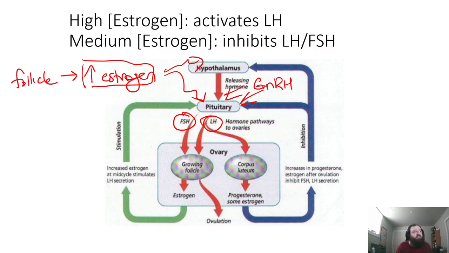So estrogen activates FSH and LH in two ways. One, by activating the hypothalamus and causing it to release GnRH, and two, by talking to the anterior pituitary directly and causing it to release FSH and LH as well.